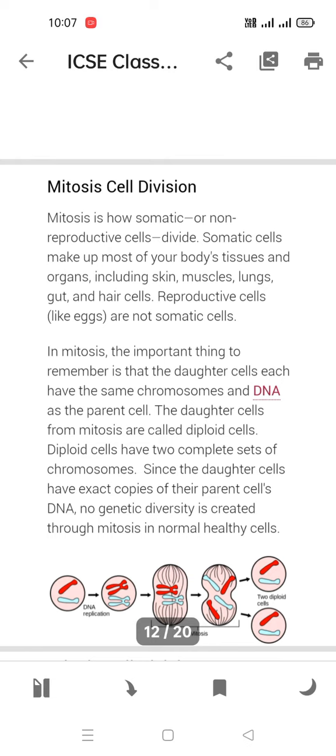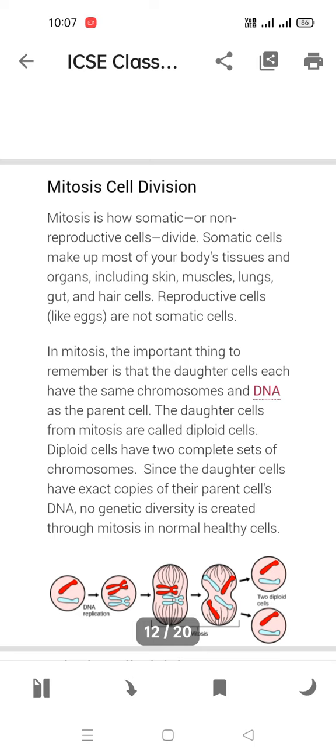In mitosis, the important thing is that the number of chromosomes will be the same. The daughter cells each have the same chromosomes and DNA as the parent cell. Like this, the offspring also have the same DNA and the same chromosomes.